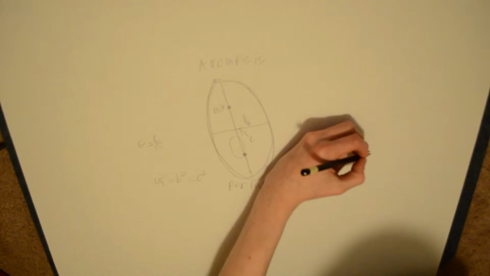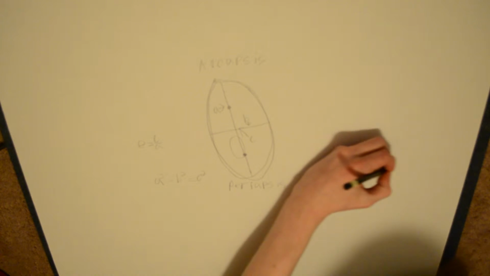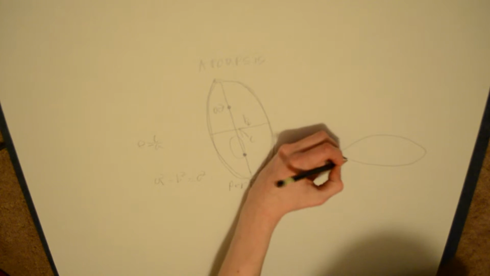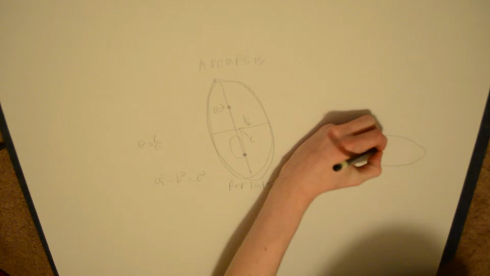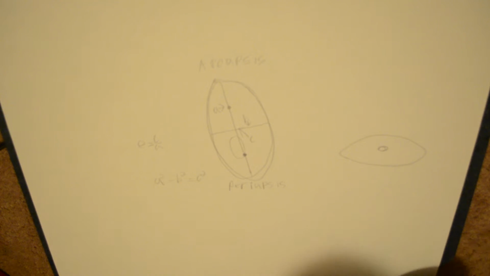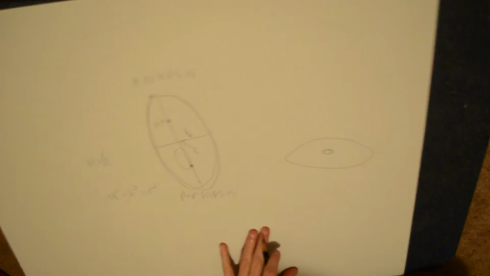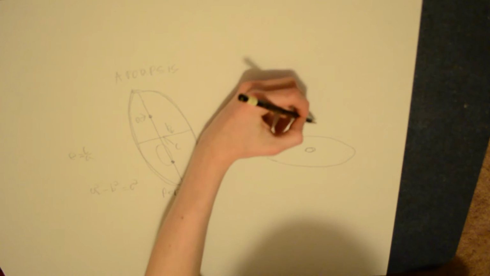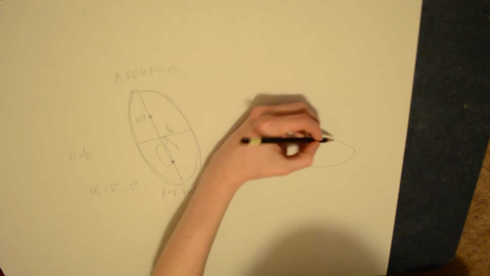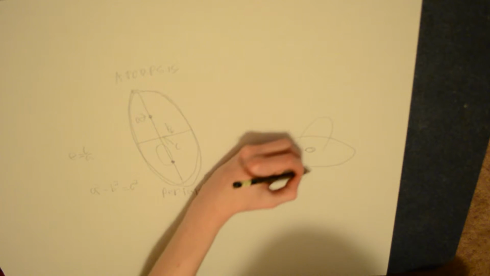If you have another ellipse, say, that is your equatorial plane, a slice of the equator of your planet, and you say the actual equator of your planet is like that over here. Then your regular orbit is like that.